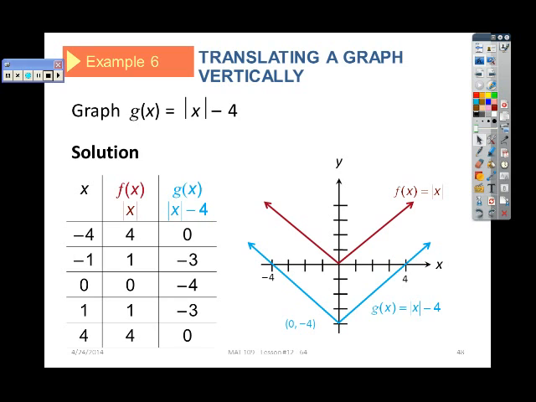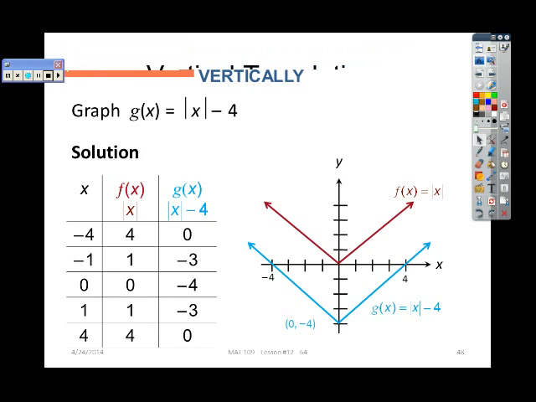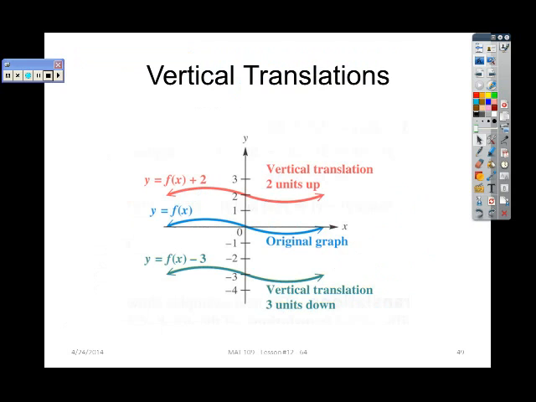But adding or subtracting a number outside moves it up or down. No matter what your original graph is, if it's a function, plus outside moves it up 2 units, minus outside moves it down. So this is the general relationship. Doesn't change the shape, just moves it up and down. Translation.